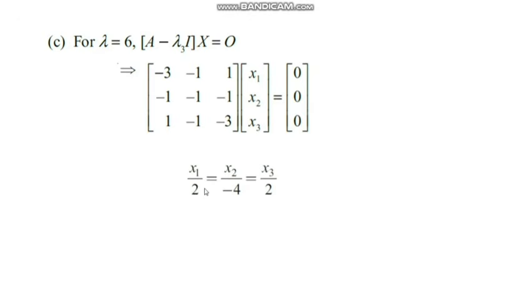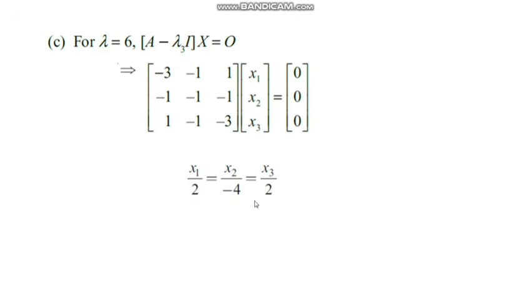This 2 can be obtained by eliminating the row and column containing minus 3. The minor will be 3 minus 1, which is positive 2, and the coefficient of the minor is positive 1. So I have presented 2 there.